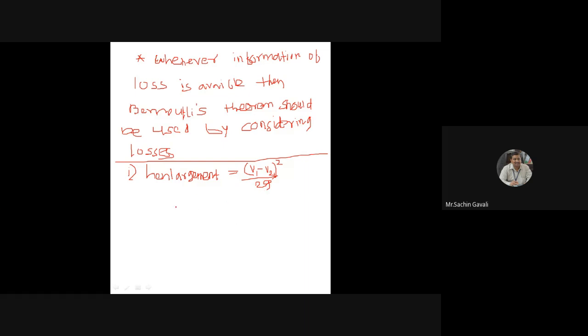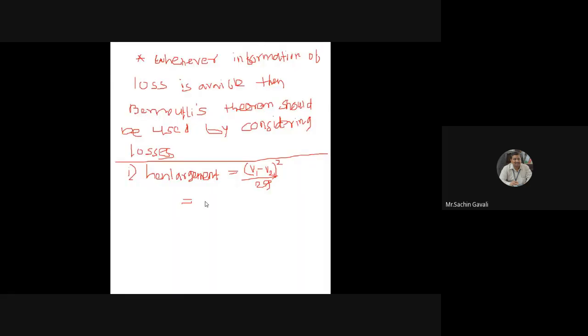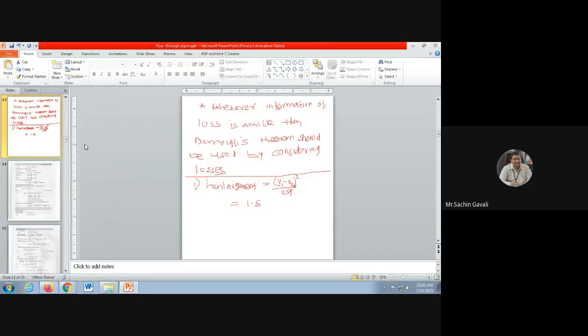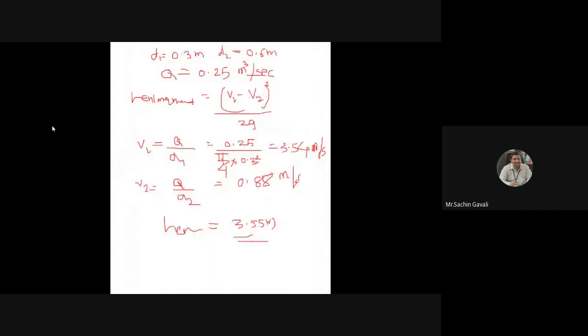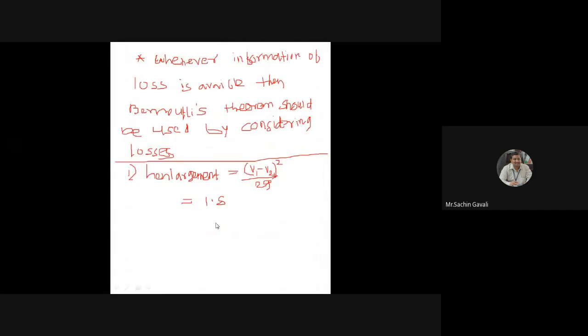This calculation we have already done, and I think everybody knows it. So the loss of head is 1.816 meter.